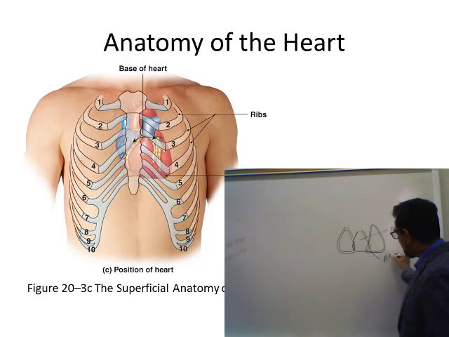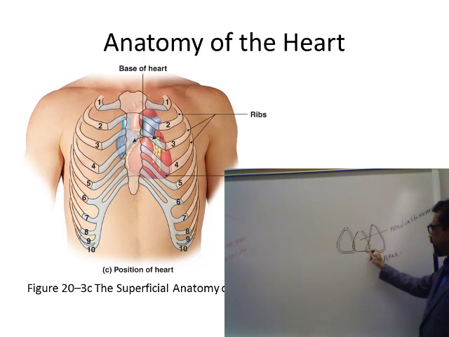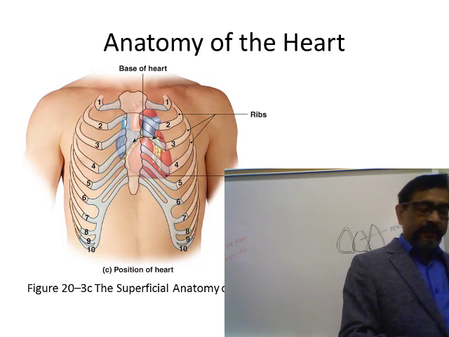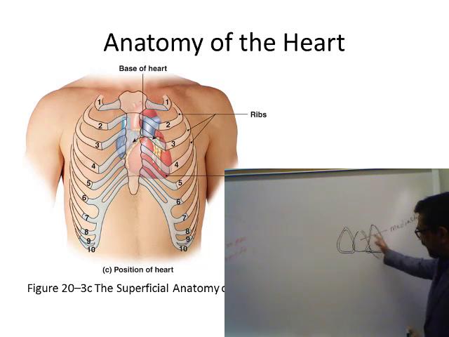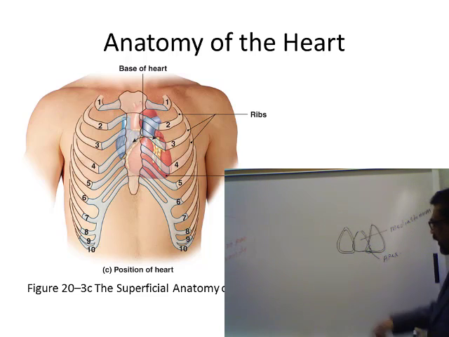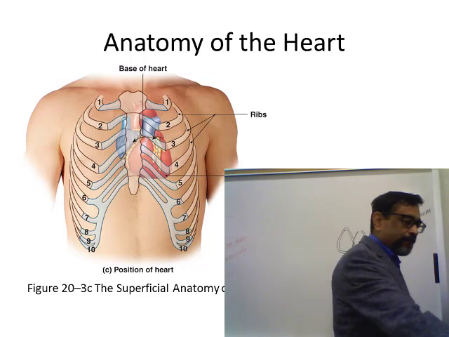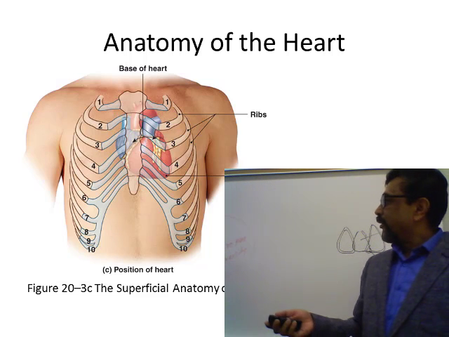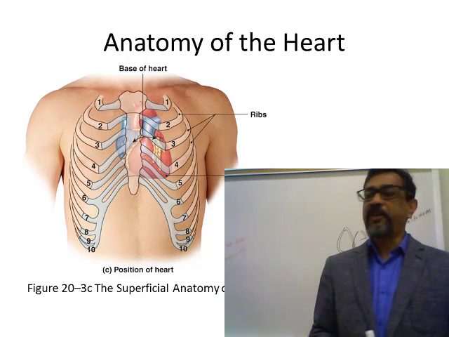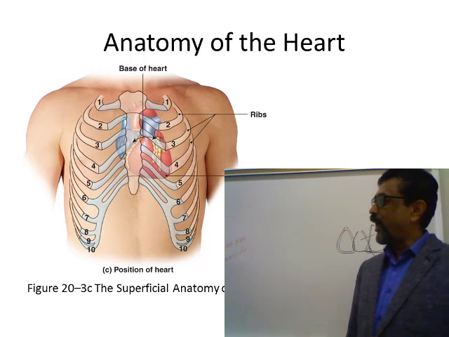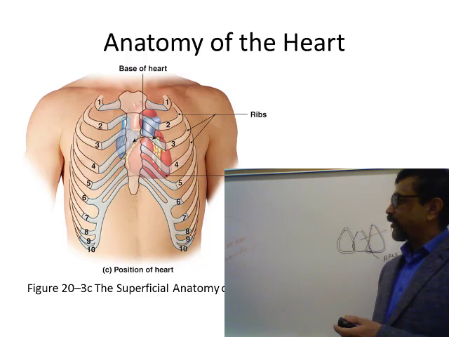Now if you see the picture, you can see here between two pleural cavities or between two lungs you have the heart, and lower left end is called the apex. Okay. Another thing you need to know, if I ask you to locate the heart from outside, there is a way.